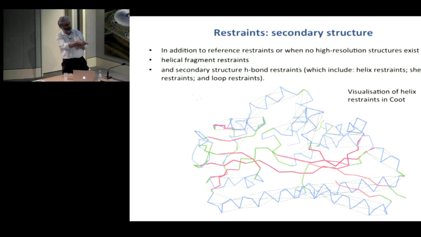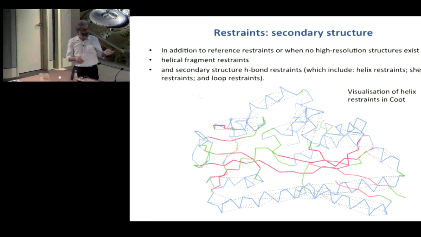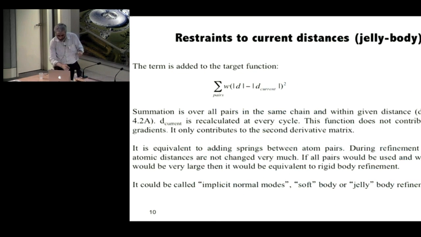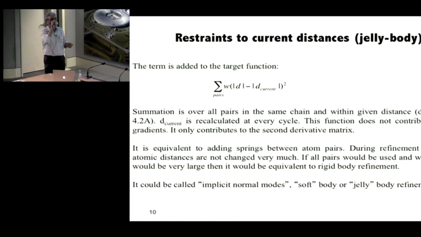Those patterns could be mapped to our structure, to make sure that what we refine at the end will have secondary structure elements as we expect. And another information that's used for stabilization of refinement is so-called jelly body refinement.